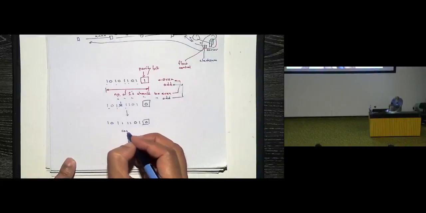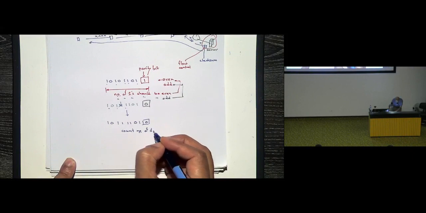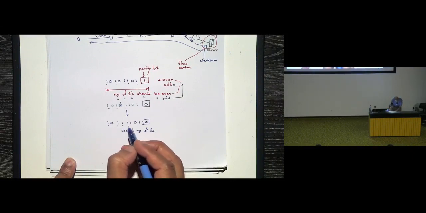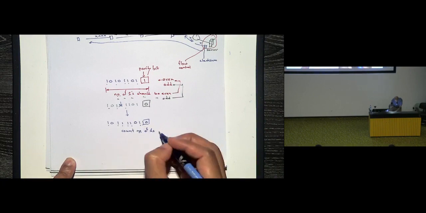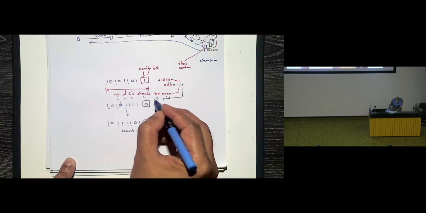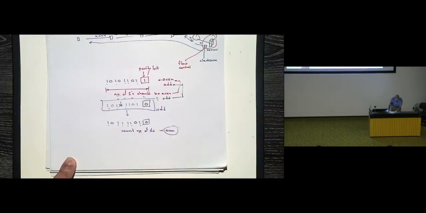And that is pretty simple. I just count the number of ones. So when I count the number of ones here, 1, 2, 3, 4, 5, 6. This is even. But remember, this was an odd parity example. Number of ones is even. This doesn't match, so I know that there is an error in here.